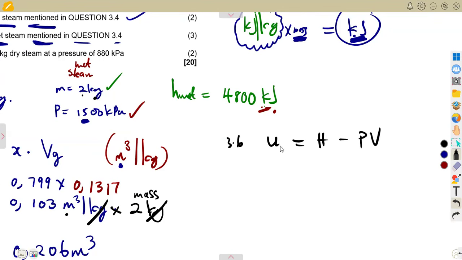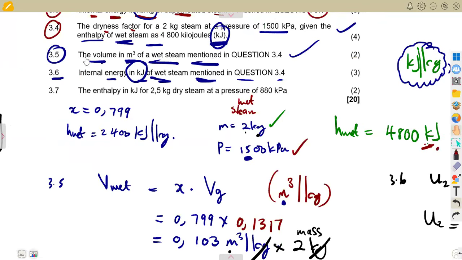So this is U2 now, because we once calculated a certain internal energy before, when the steam was superheated. Now they want us to calculate another internal energy, but this time the steam in question 3.4 is a wet steam.